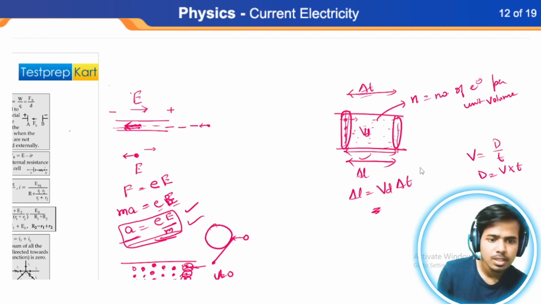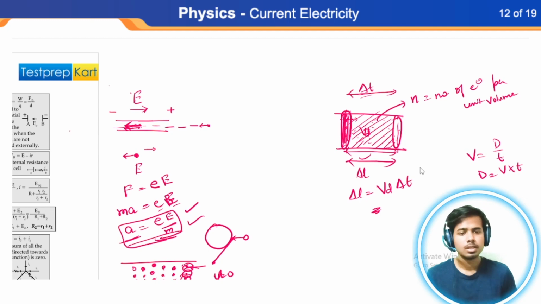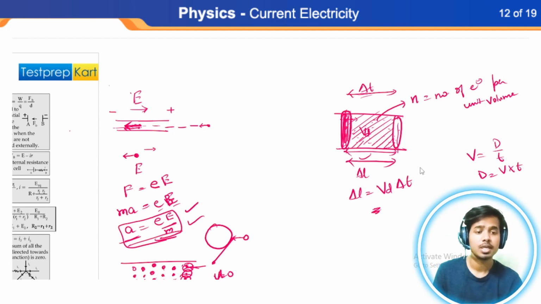And what's the amount of charge that has passed through this face? If I want to calculate the amount of charge which has passed through this face, it should be the total number of charge lying in this area. So how do we find the total charge which has passed through this area?